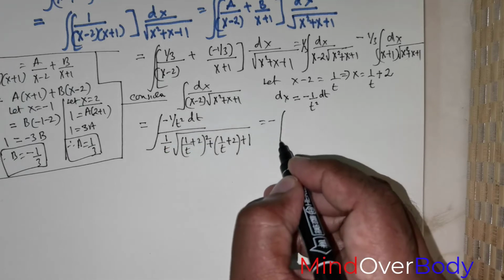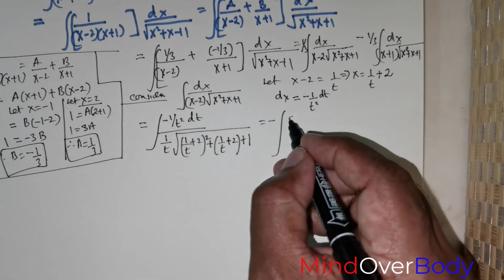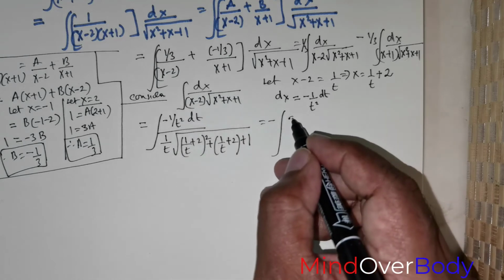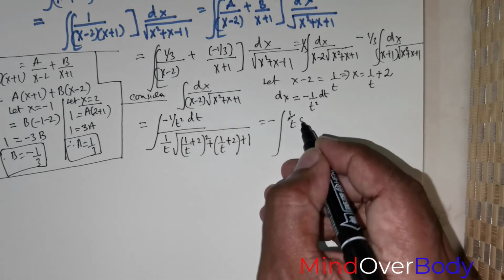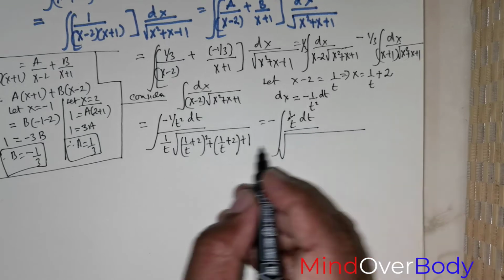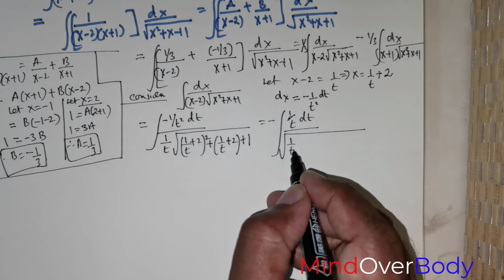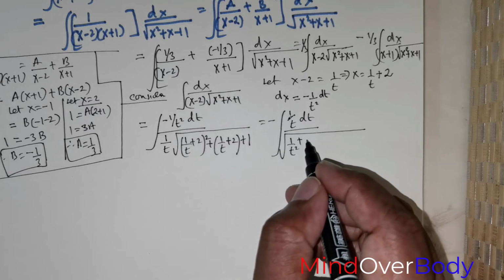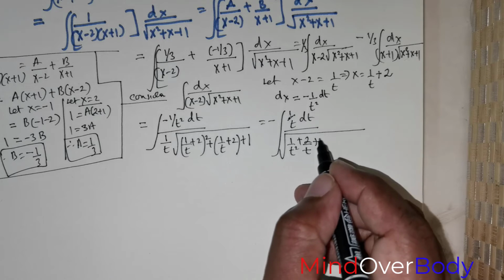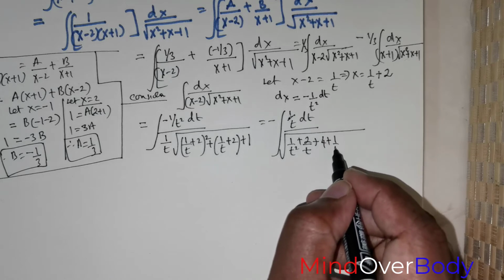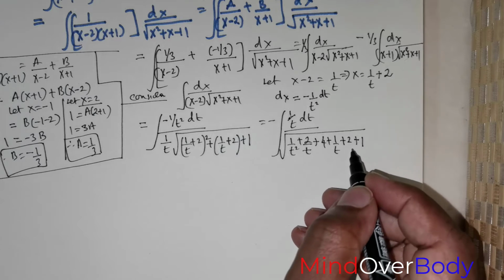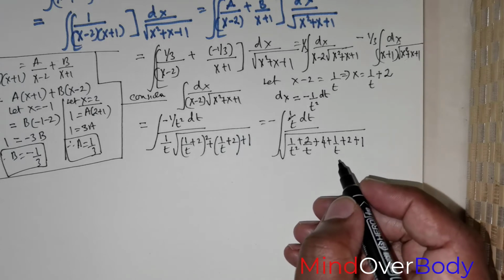This is going to be the negative of the integral of t over t², so that's 1/t times dt, divided by root of, I expand this, 1/t² + 2 times 2/t + 4 + 1/t + 2 + 1. So this is what I've got.